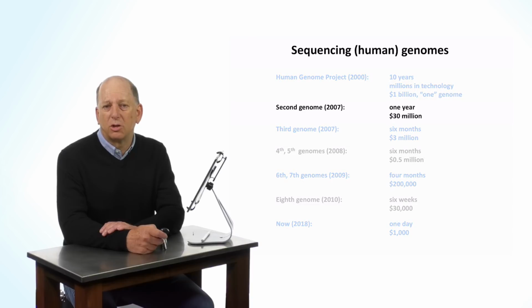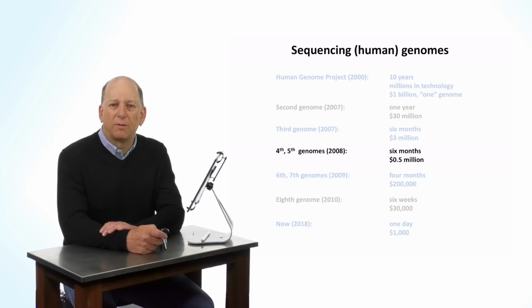Consequently, the second genome took only a year and $30 million to complete, and the third 6 months and about $3 million. Things progressed rapidly from there, with the fourth and fifth genomes completed more quickly and for a lot less money. The sixth and seventh more efficiently still, and the eighth genome even faster and cheaper.